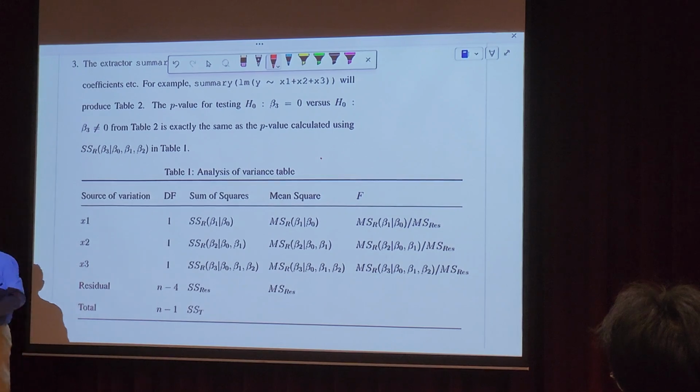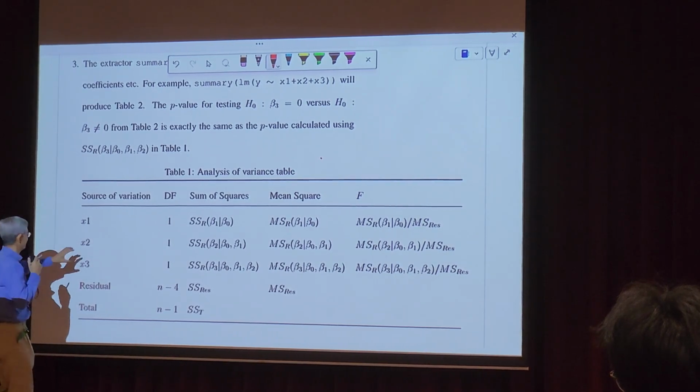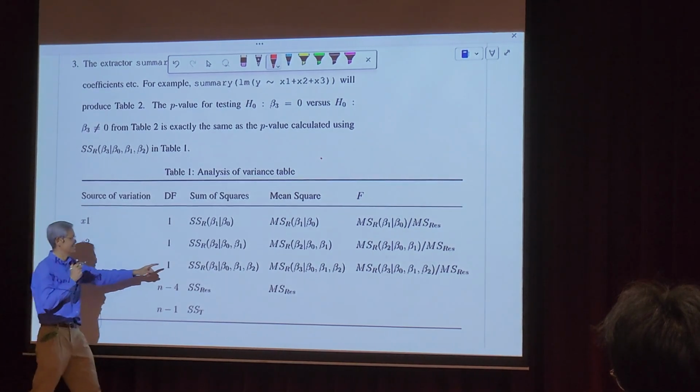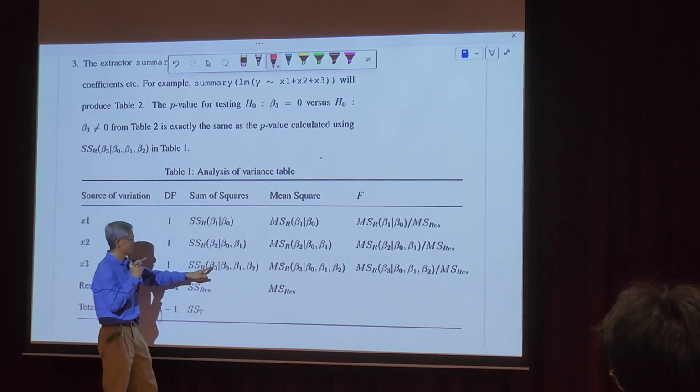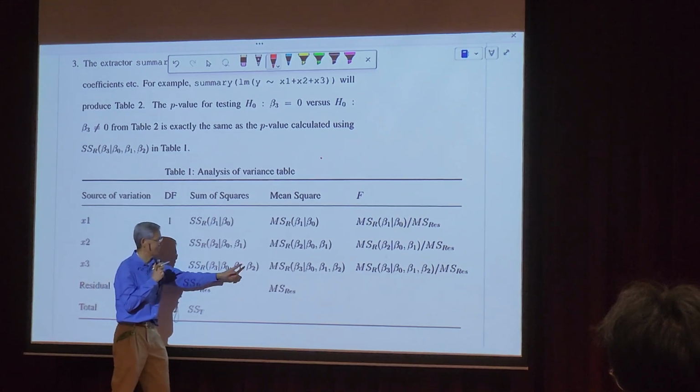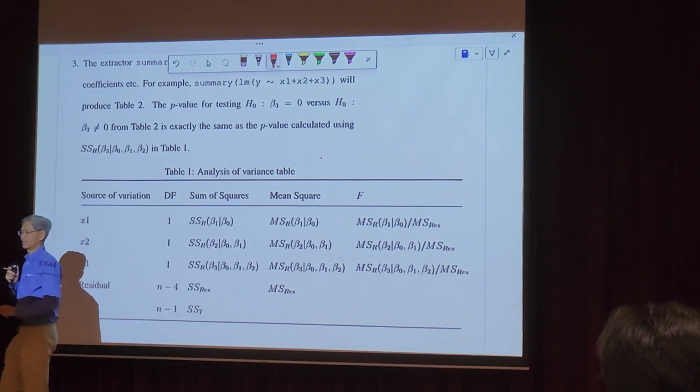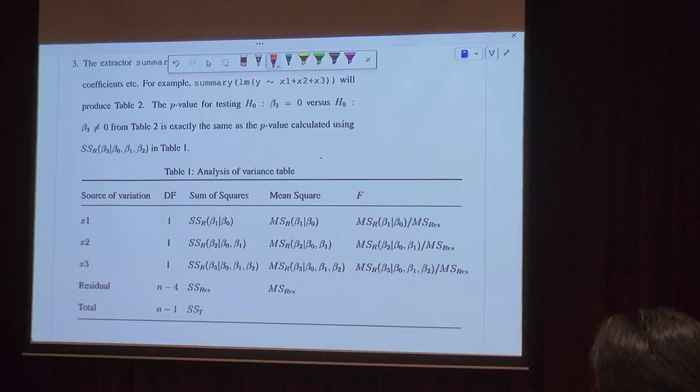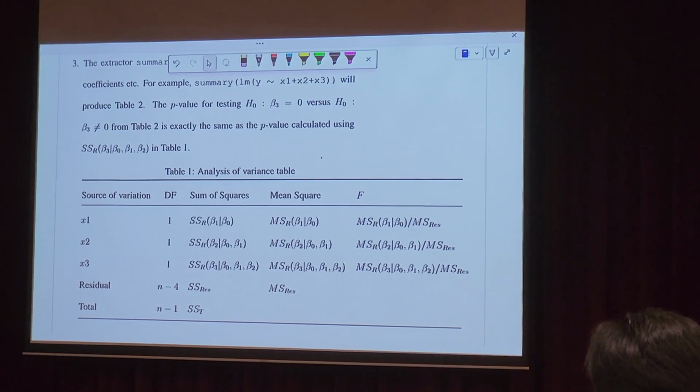So how do you test? How do you get SSR of beta 2 given beta naught, beta 1, and beta 3? You understand what I'm saying?